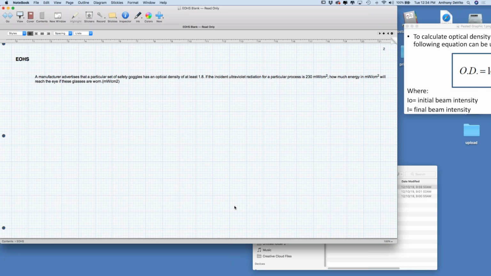Okay, so let me write on here. The optical density is equal to the logarithm of the initial intensity over the final intensity, which is what we want to know. The optical density is equal to 1.8 for this particular glass, and it's equal to the log of the initial radiation level, which is 230 milliwatts per centimeter squared.